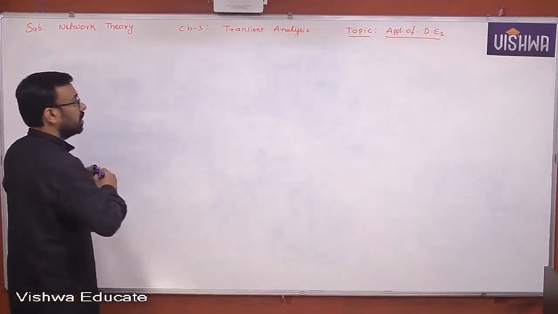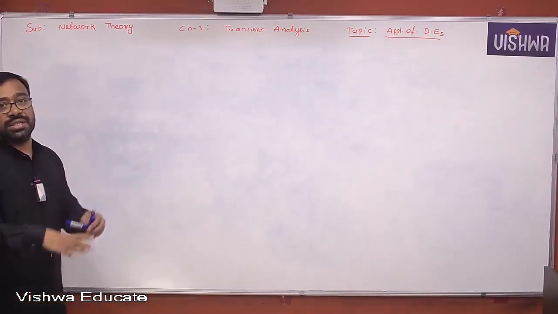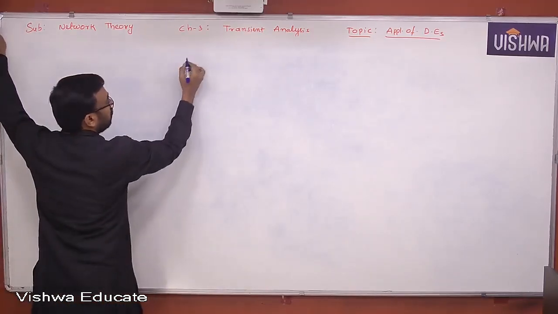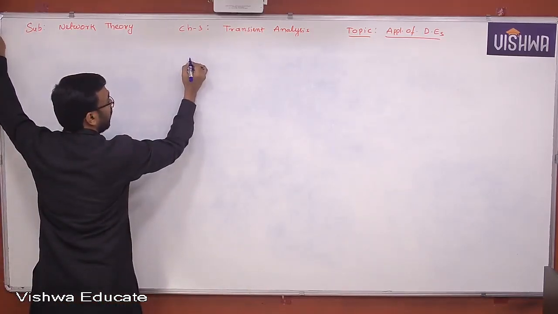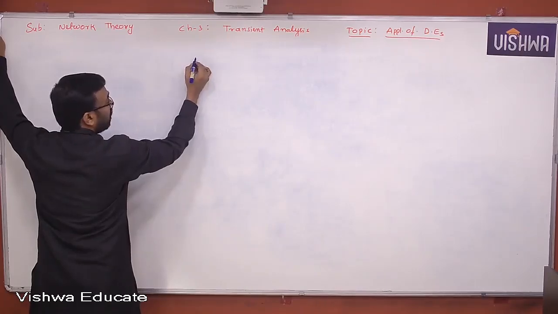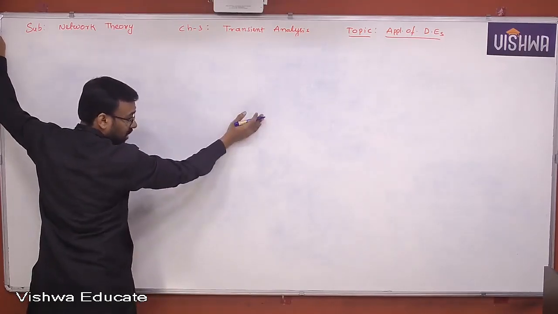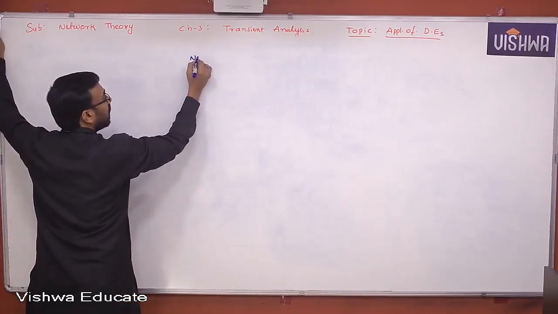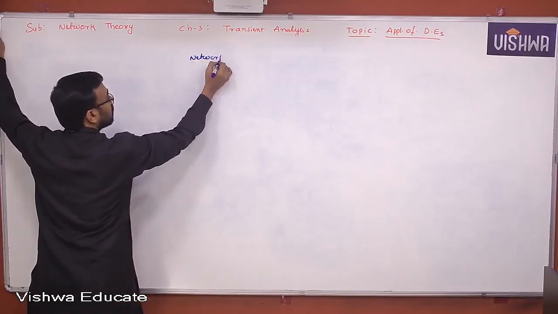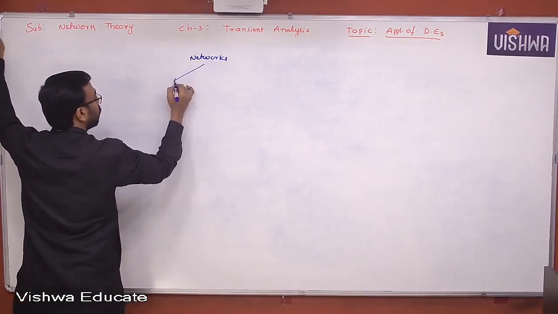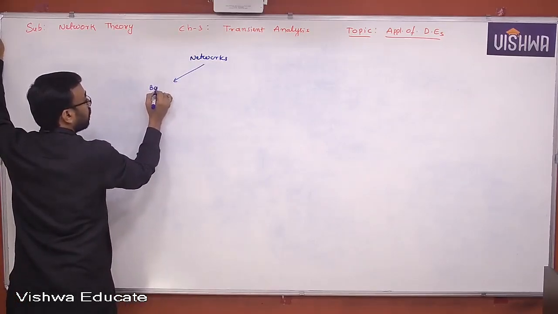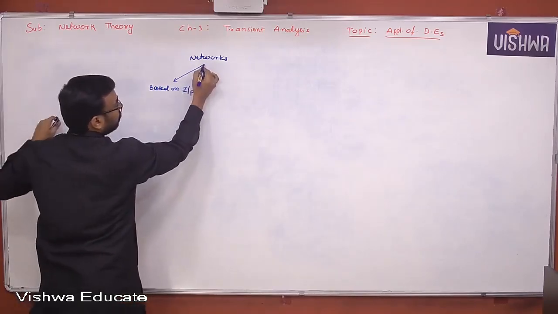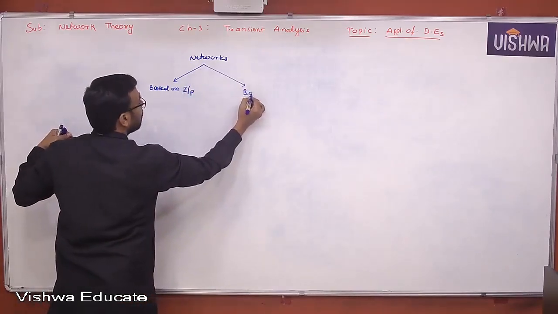First, let us discuss what kind of networks you have in transients. The networks are of different types based on the elements and based on the inputs. Understand, all of you? Networks can be classified based on input or excitation, or based on the elements.